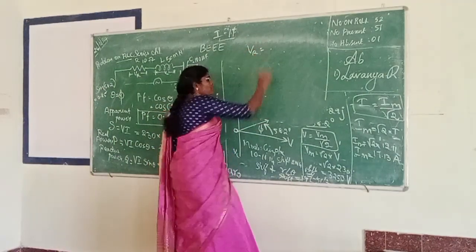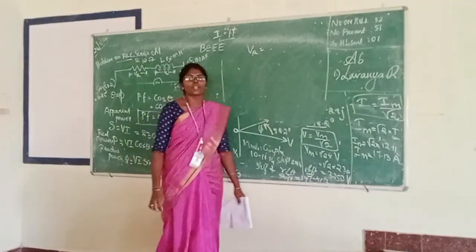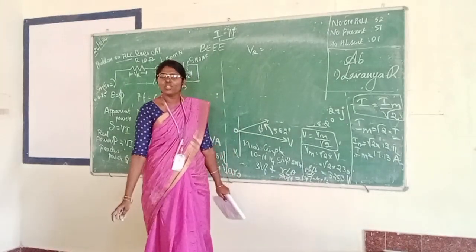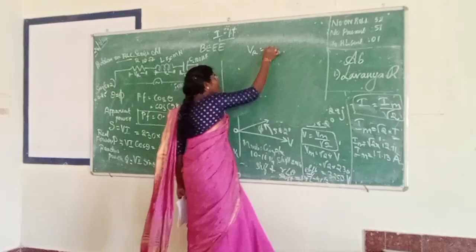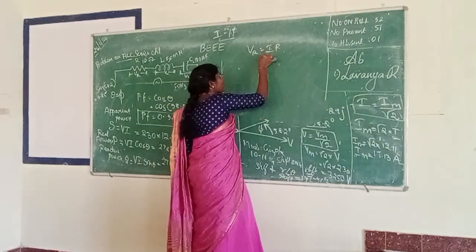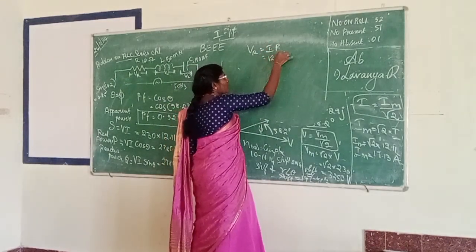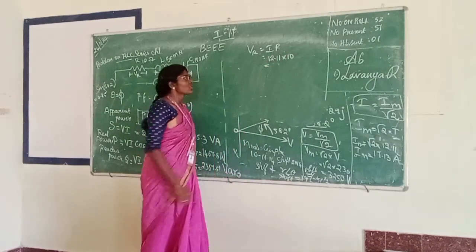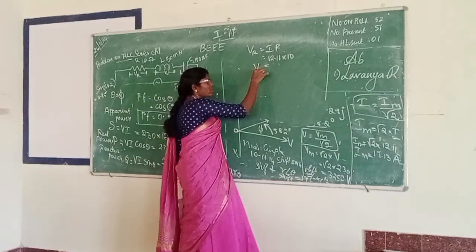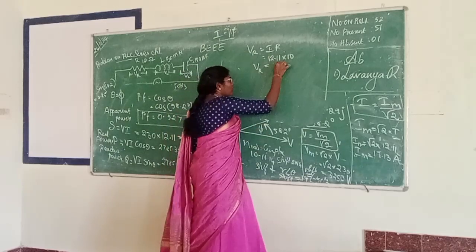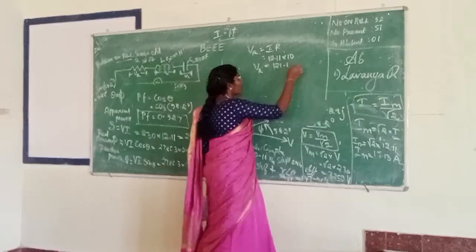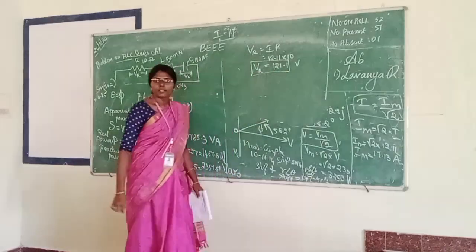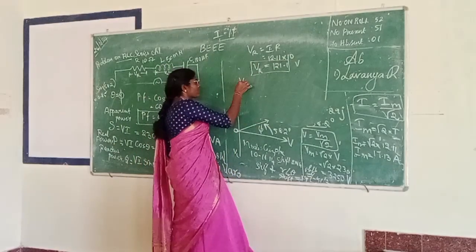Voltage across resistance V equal to I into R. We know the value for current I, that is 12.11, and we know the value for resistance, it's 10 ohm. So then the voltage across VR is what? 121.1 volt. Clear?